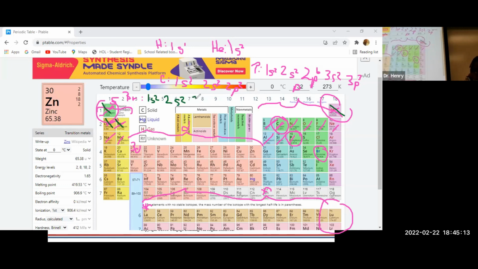Then it's 2p6. One, two, three, 4, 5, 6. 3s2. 3p6.